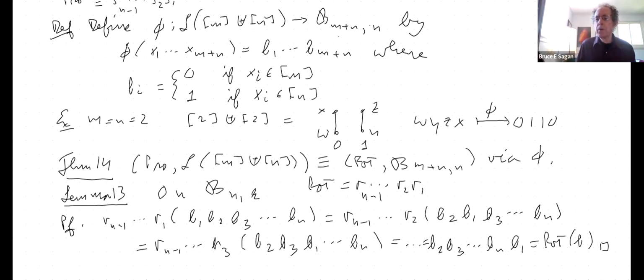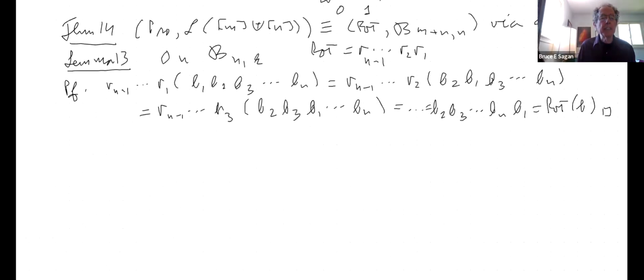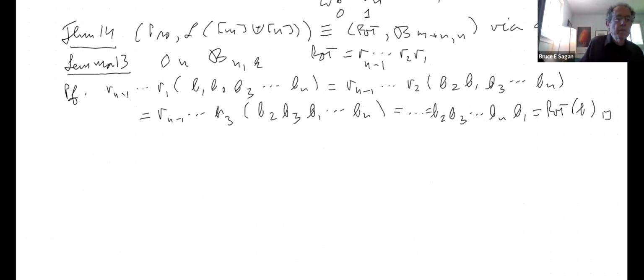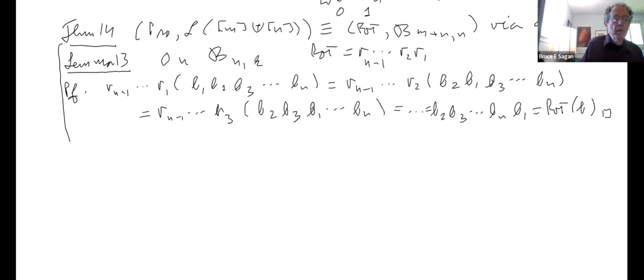Okay, so now we're going to continue with the proof of this theorem, now that we know that we've got the right thing. So the first thing we need to show is that this phi is well defined. What do I mean by that?